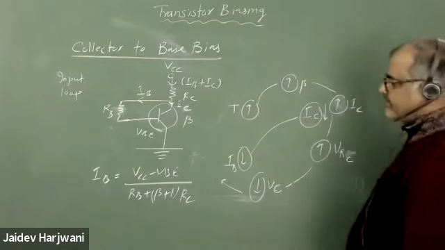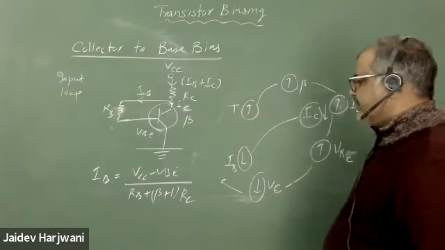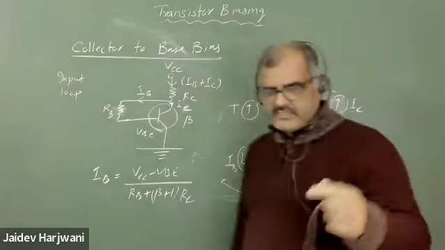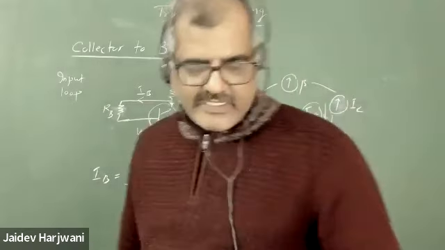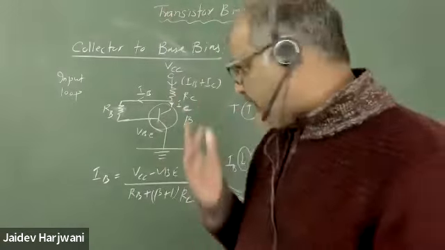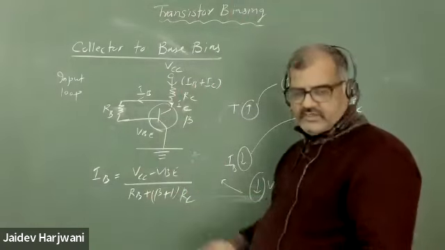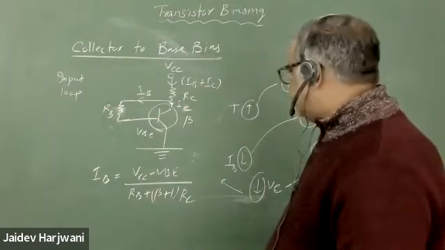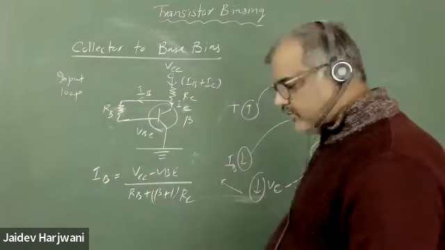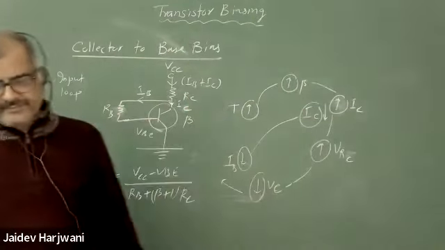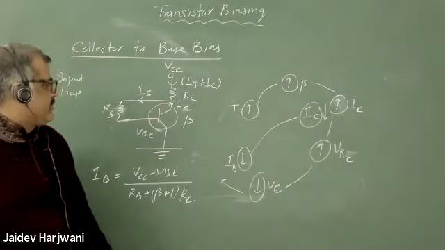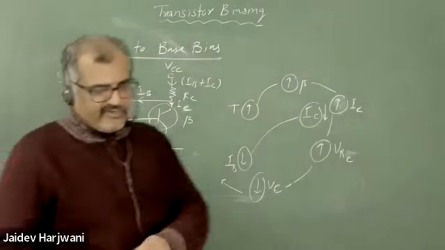So there is some limitation this circuit is applying to keep a check on IC. Because beta is there in the circuit, this has some control compared to that one. Okay, so this was the input loop. Is the point clear, what I'm saying? Or you can put one more step here.